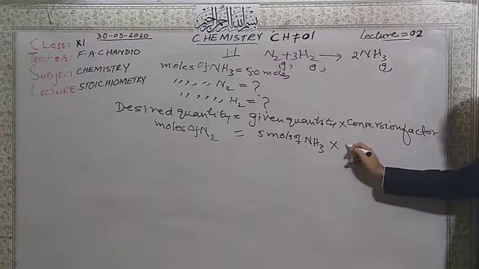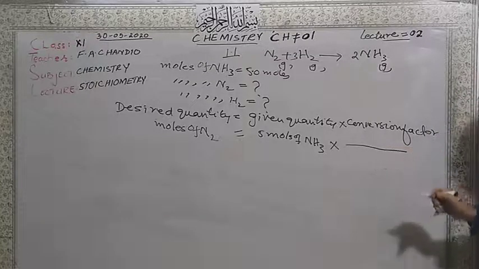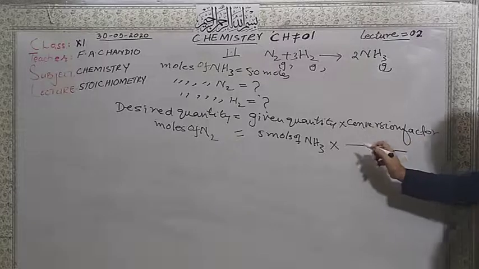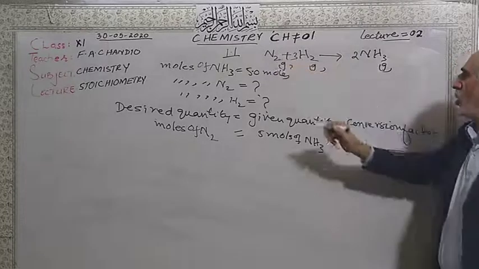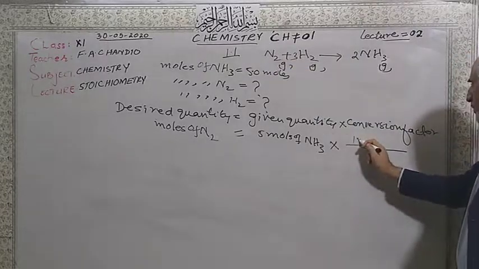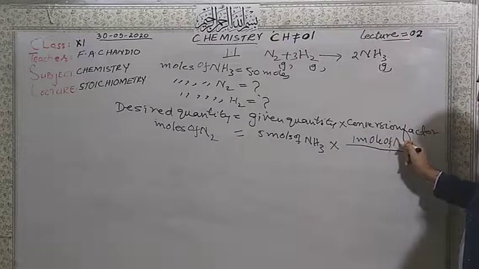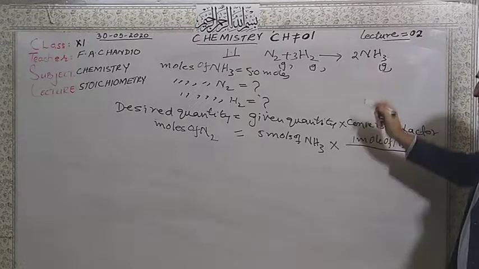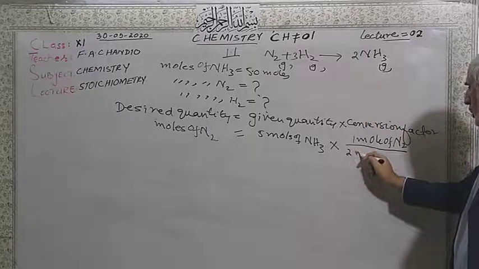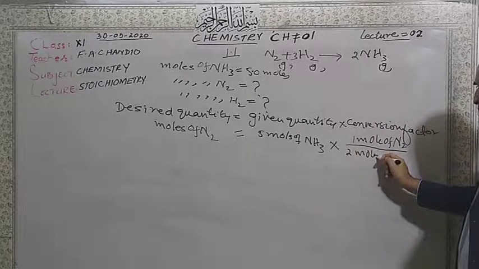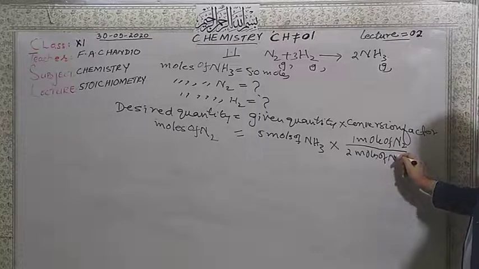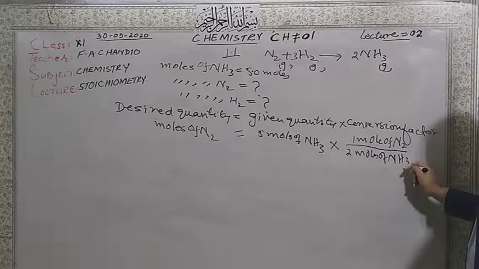That is why, according to the conversion factor formula, 1 mole of nitrogen divided by 2 moles of ammonia. This is now complete.